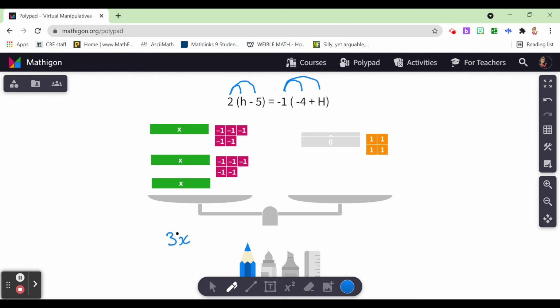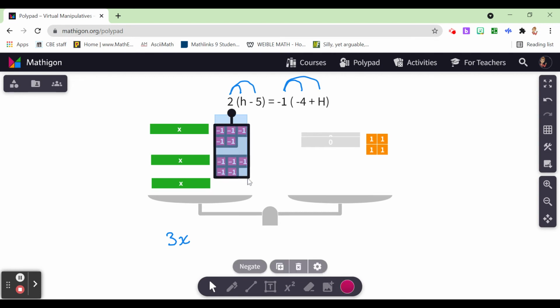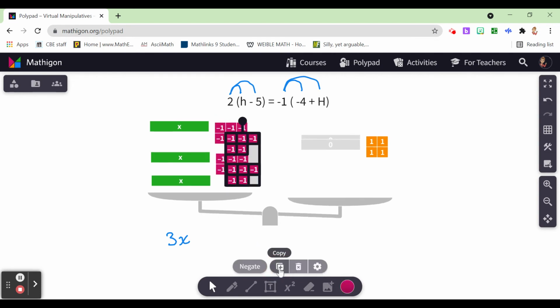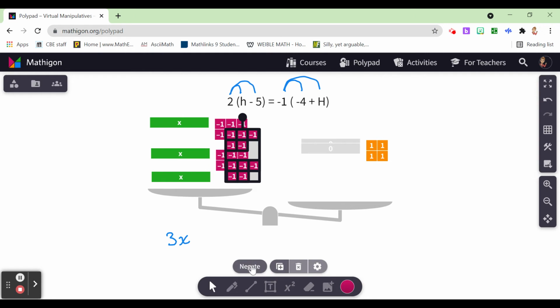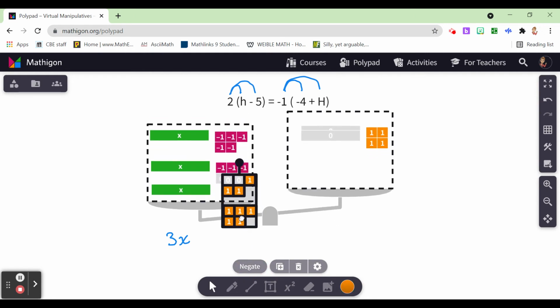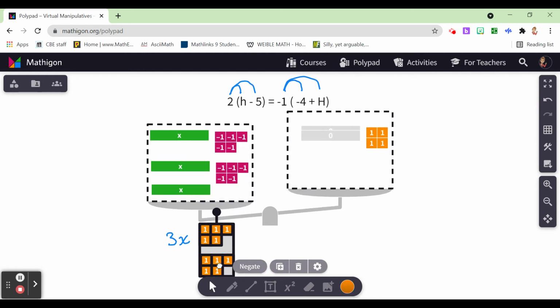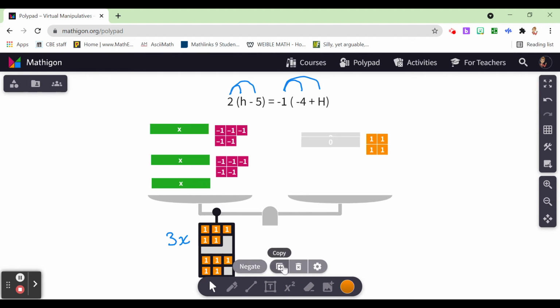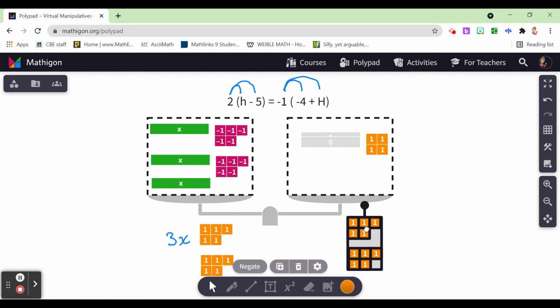Okay, and now I want to get rid of my numbers. So these numbers here, I'm going to take those. Okay, I'm going to duplicate, and I want the opposite of them. Okay, so I'm going to put that down here for a second. I'm going to duplicate it because I need to add that to the other side.